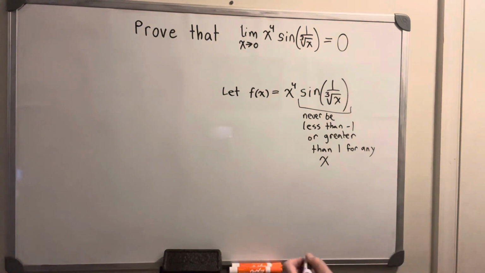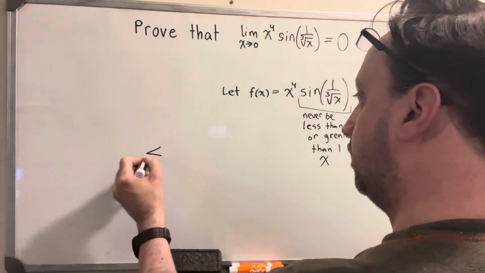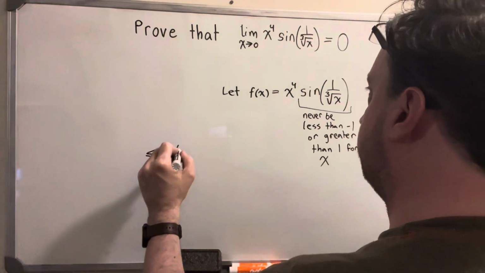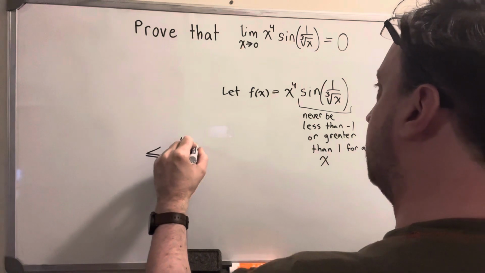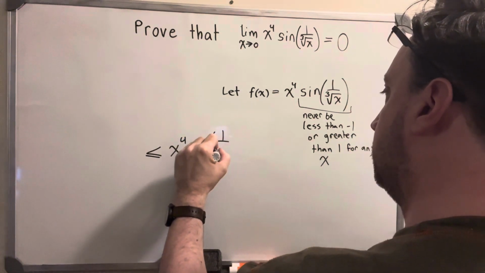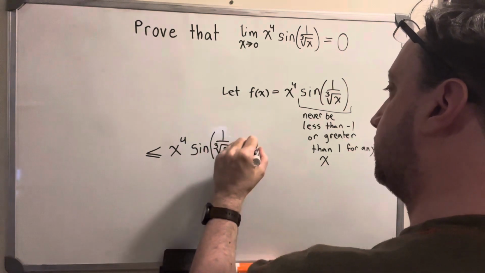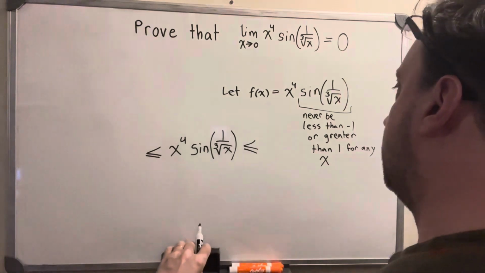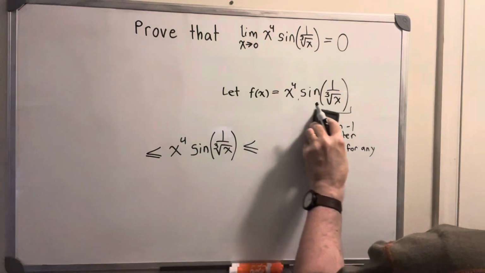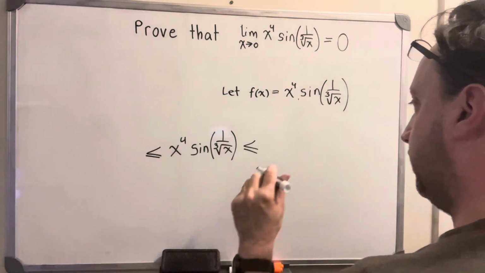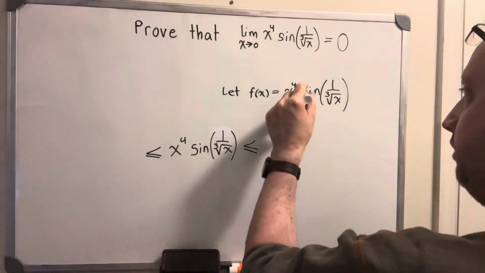Now, given that, can you come up with any, let's say that's x to the 4th times sine of 1 over cube root of x. Can you think of some trivially easy bounds?